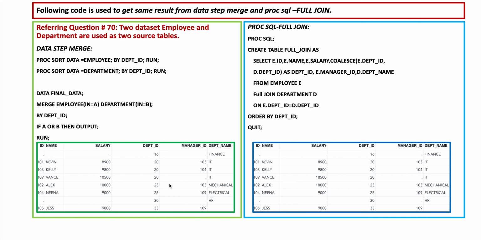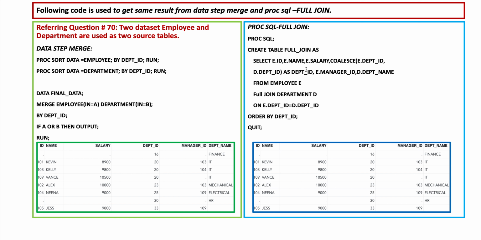Only 16 and 30, these two values exist only in the department table, and the other values 20, 23, 25 and 33 exist in both tables, employee as well as department.